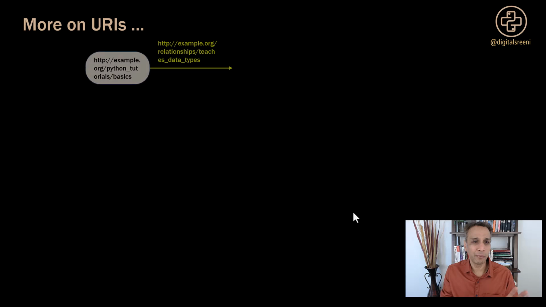Okay. Now, look at this. This hopefully should clear any confusion. The node right here, Python basics, for example, is written as http://example.org/python-tutorials/basics. This is the unique URI. Probably not as unique, because example.org is something anyone can have, right?